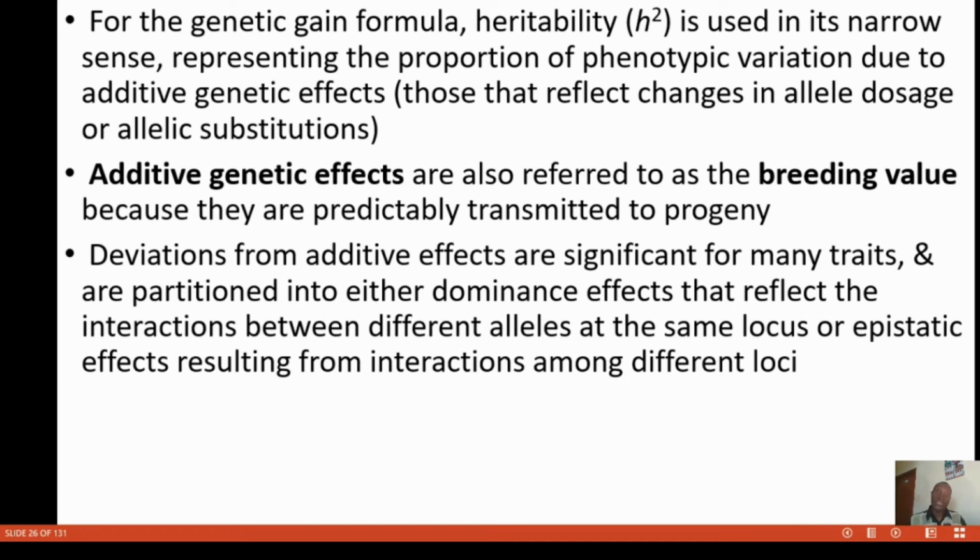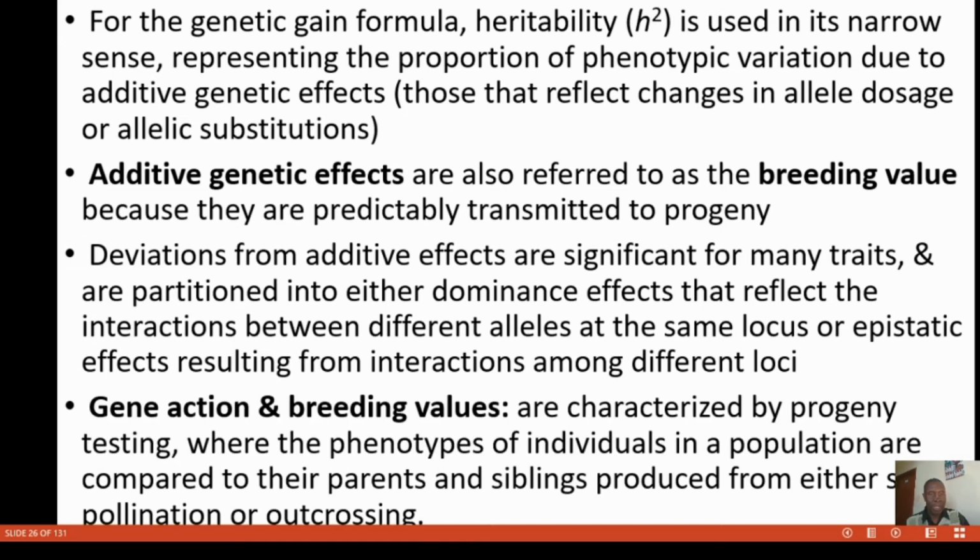So the deviations from the additive effects are significant for many traits. And as we said before, they can be partitioned into either dominance effects that reflect the interactions between different alleles at the same locus, or epistatic effects resulting from the interactions among different loci.